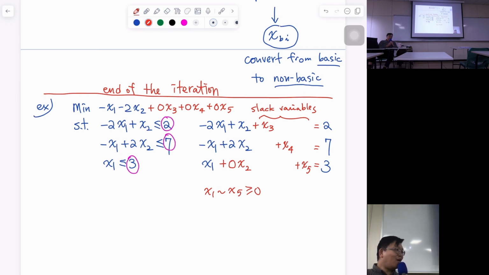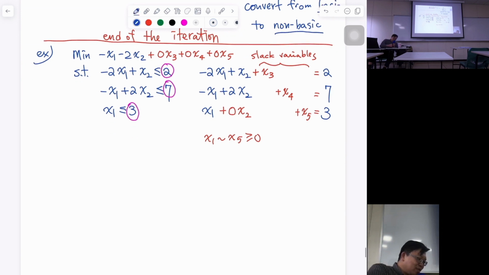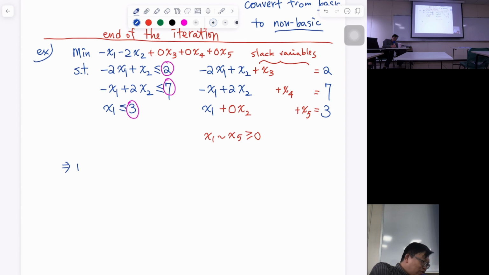Okay? So now let's write everything down in the matrix form. So you are actually solving a new problem.